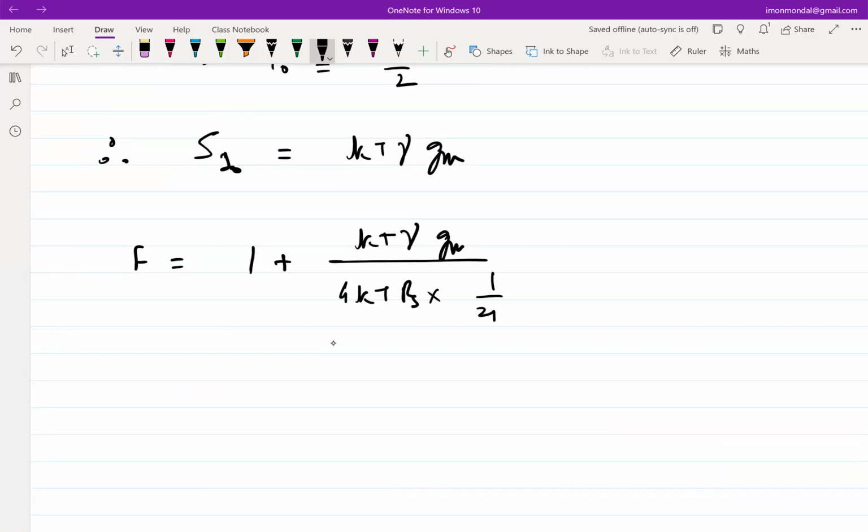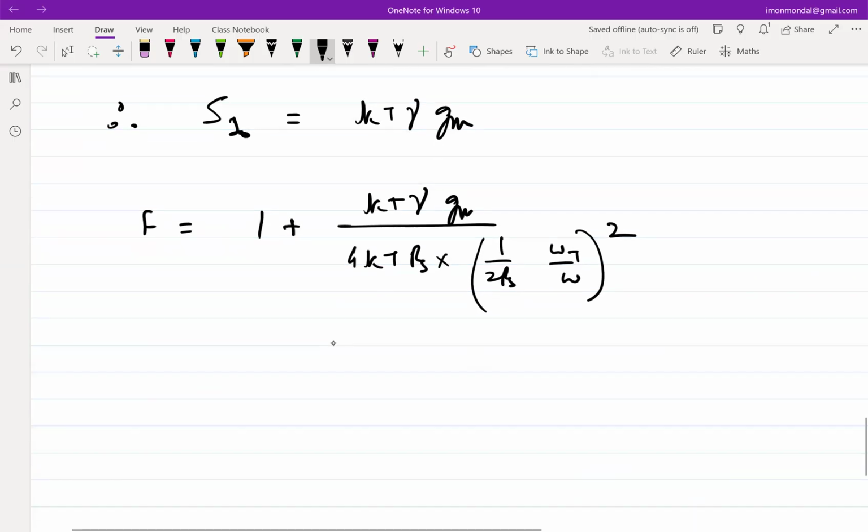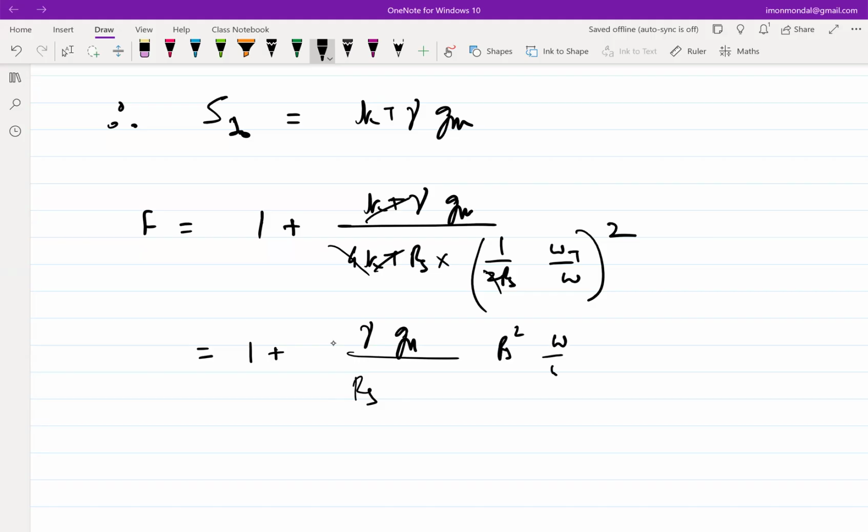So 1 over 2 RS omega T over omega whole square, right? So what do I get here? So KT goes off. Gamma GM, this 4 also goes off by RS times RS squared omega by omega T whole square, right?